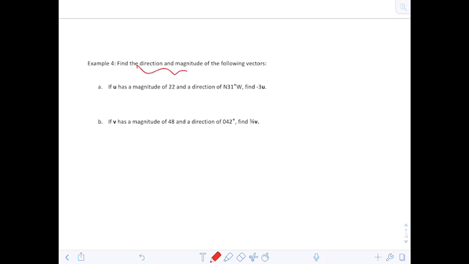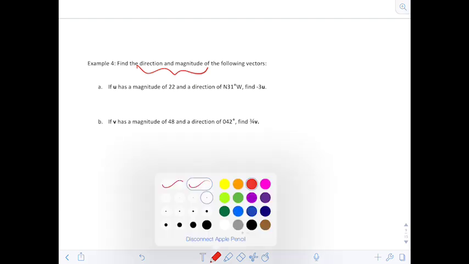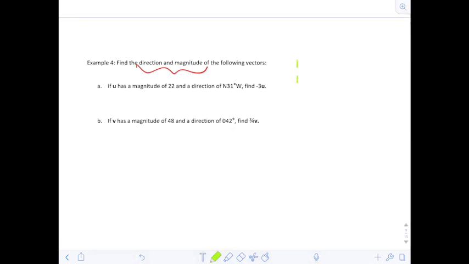Find the direction and magnitude of the following vectors. So u has a magnitude of 22 and a direction of 31 degrees west of north. So here's my vector. We're going to make it 31 degrees west of north, and it has a magnitude of 22. If we want negative 3u, I'm going to multiply negative 3 times the magnitude 22.